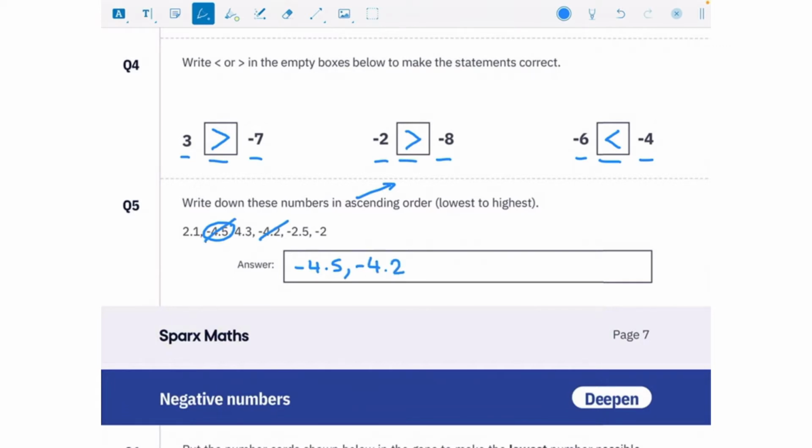And then we've got minus 2.5. That's all our, oh no, sorry, I lied. Then we've got minus 2. And that's all our negative numbers. So that's the smallest negative number up to the biggest negative number. And now we can look at the positive numbers. And we've got 2.1 and we've got 4.3. So that's going from smallest to biggest.